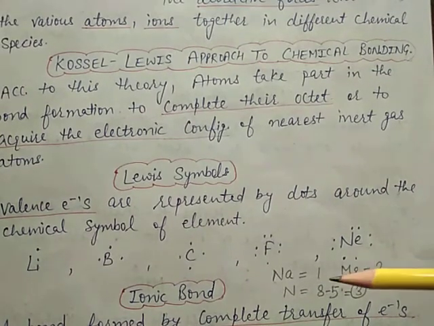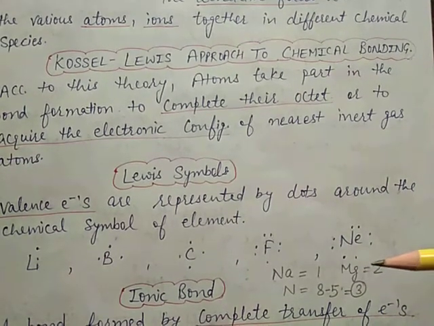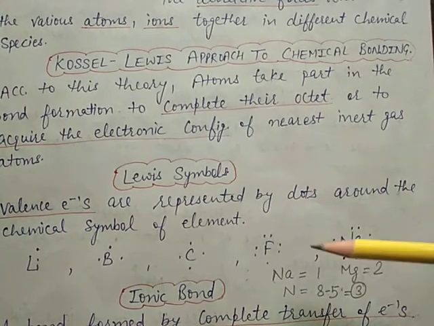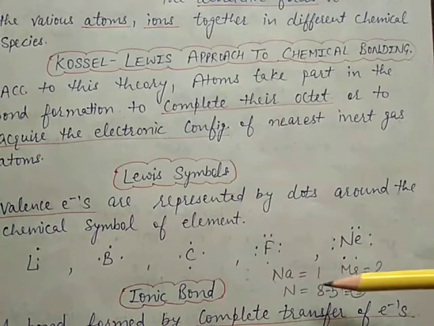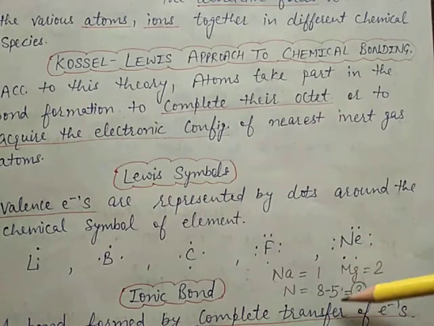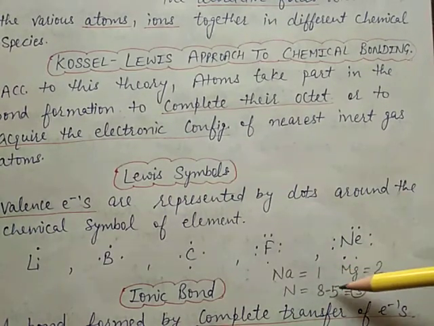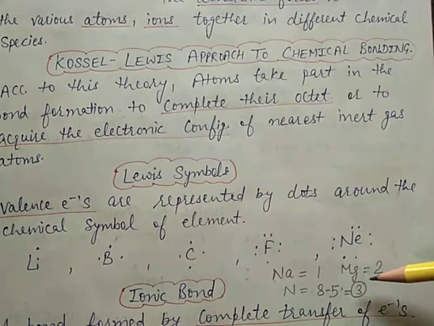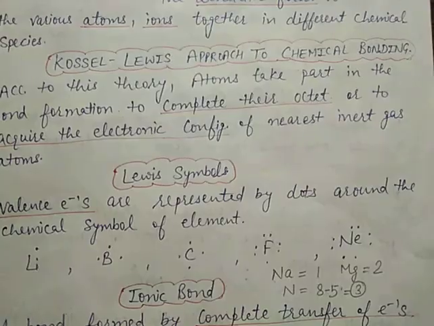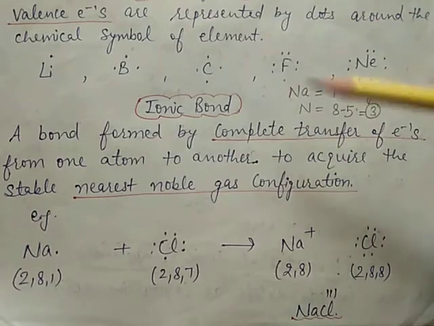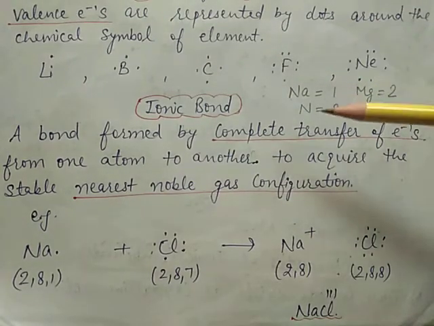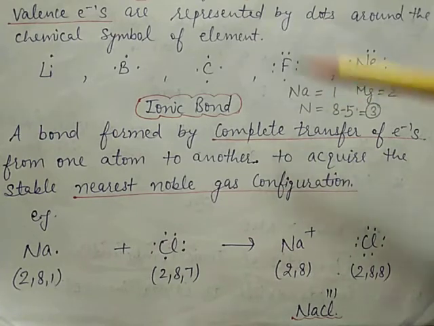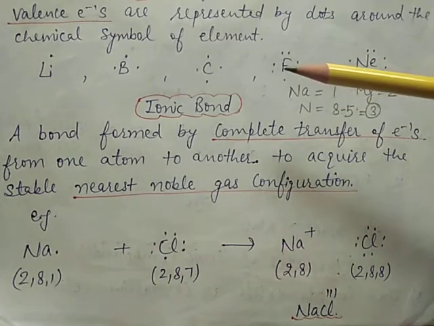But in case of nitrogen, the formula is 8 minus the number of dots in the Lewis symbol. In nitrogen, the total number of dots is 5, meaning valence electrons are total 5. So here 8 minus 5 is equal to 3. So with the help of this formula, we can easily find out the Lewis symbol.